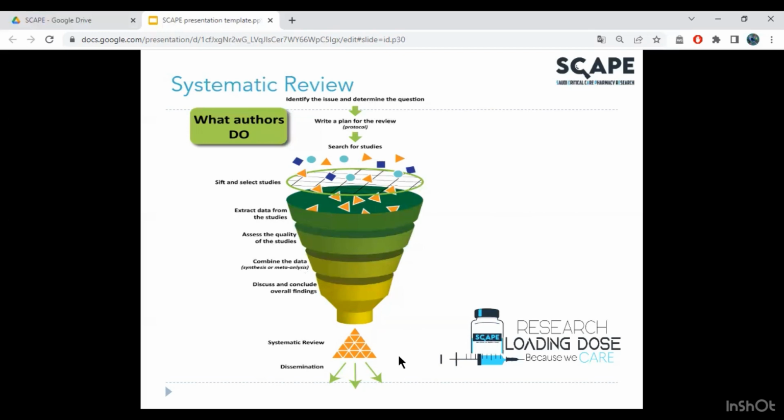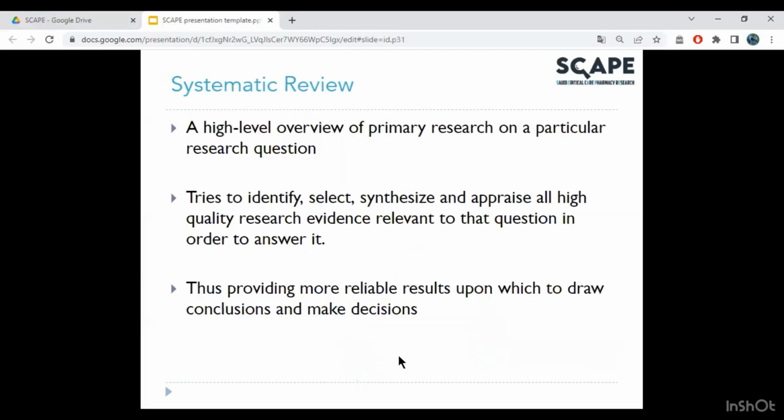Why are systematic reviews important? Because they give you a good estimate of overall studies and give you the whole picture of the studies investigating a specific research question. As we said, a systematic review is a high-level overview of primary research on a particular question.